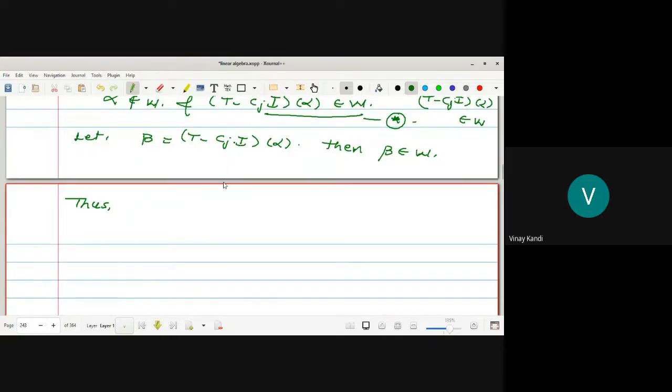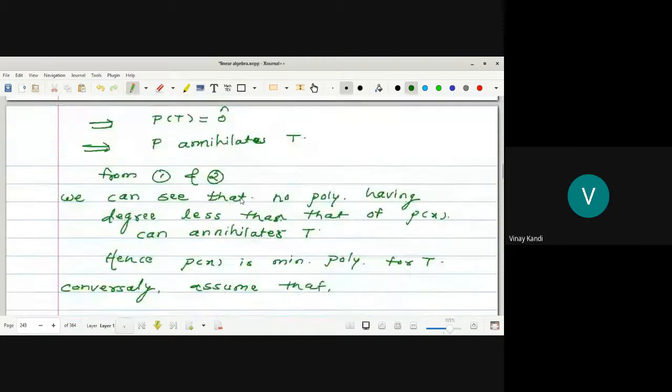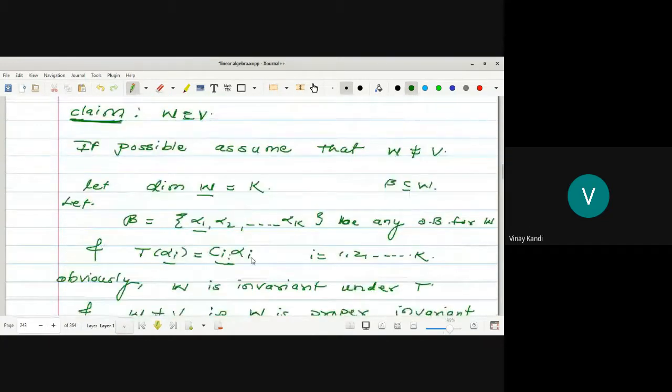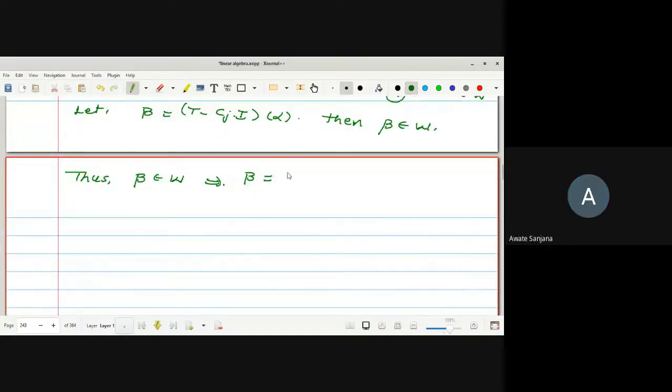Thus, beta belongs to W implies this beta we can write as a linear combination of vectors of the basis, alpha 1, alpha 2, which is the basis for W. So beta is a linear combination of alpha 1, alpha 2, up to alpha k, that is A1 alpha 1 plus A2 alpha 2 up to Ak alpha k, where each Ai belongs to F, the scalars.